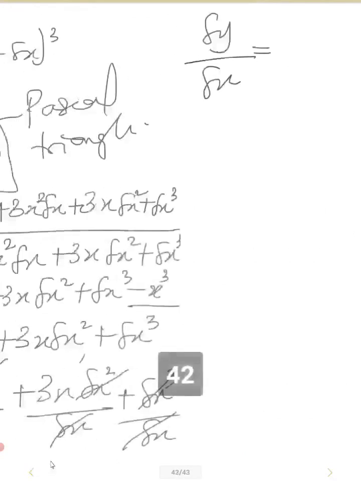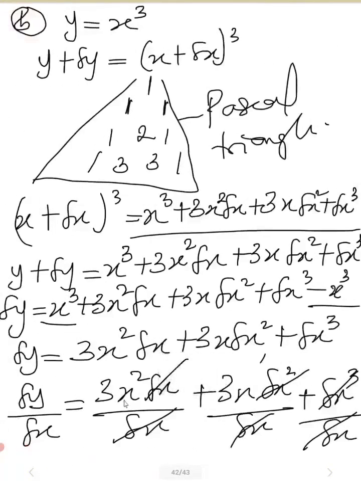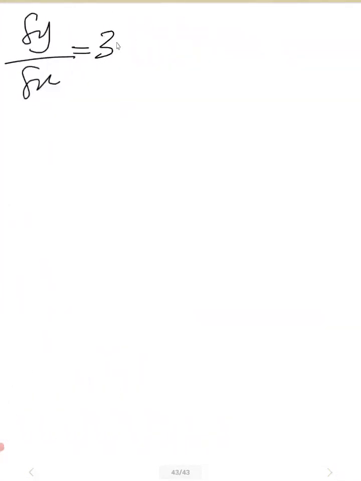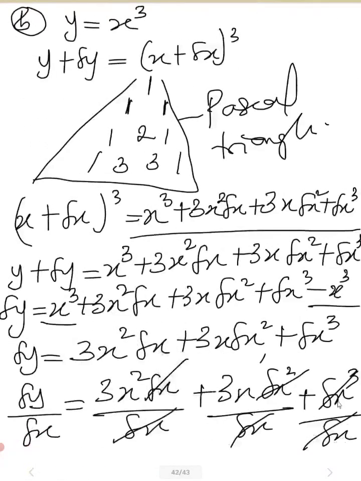So meaning that dy over dx is equal to 3x squared plus 3x dx.